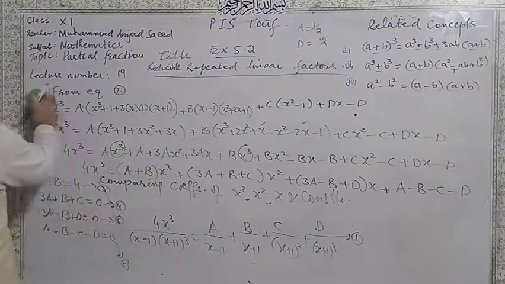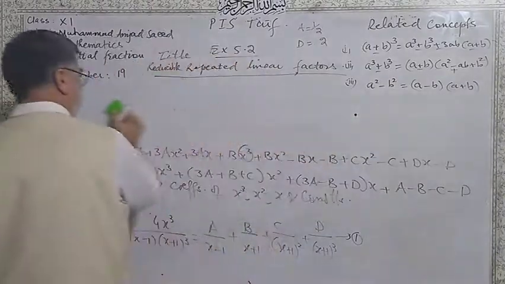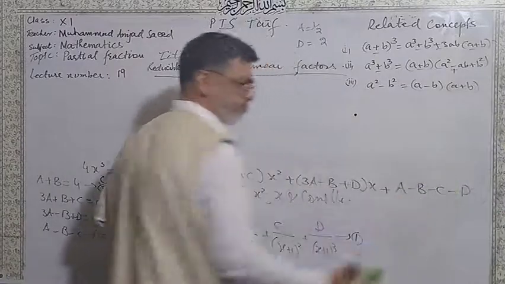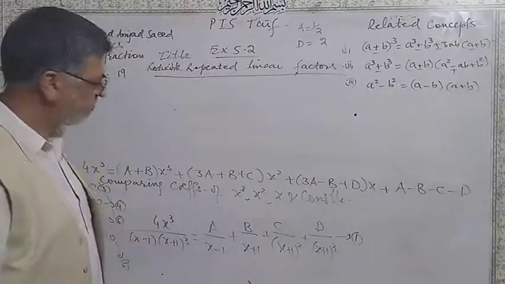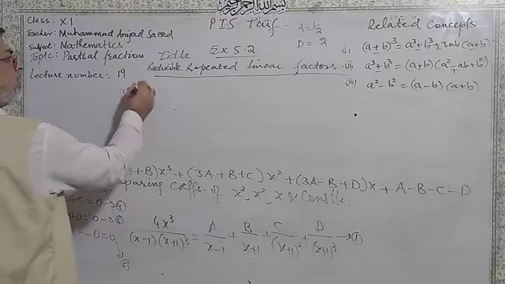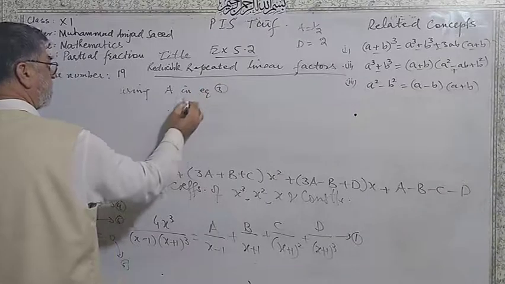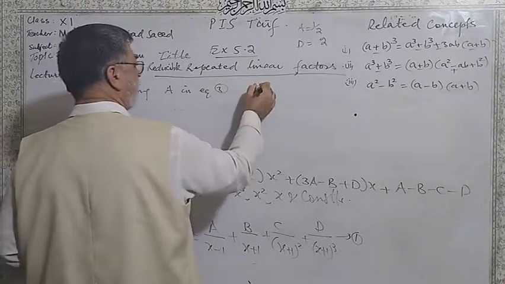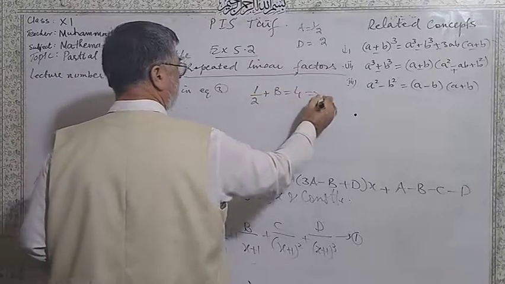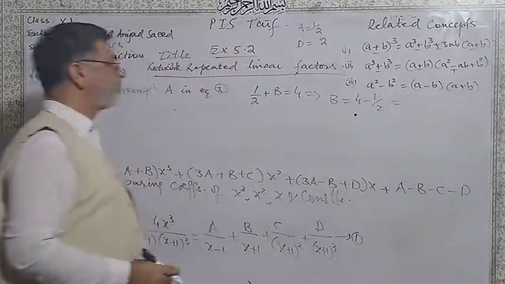We will rub it to find the values of constants. Here, using a in equation 3. So a is 1 over 2 plus b is equal to 4. Implies that b is equal to 4 minus 1 over 2.